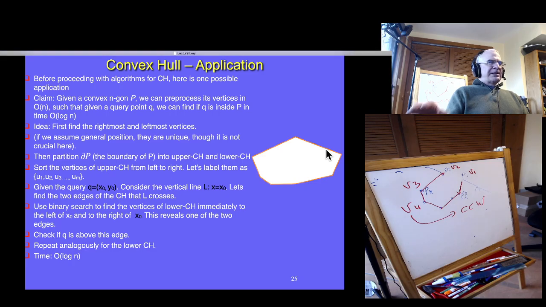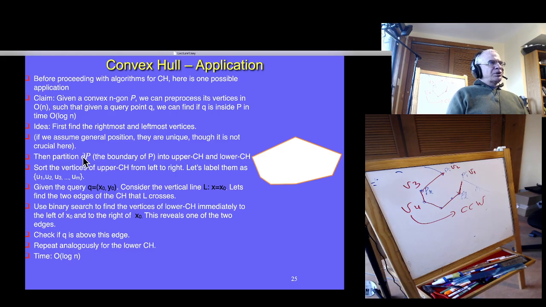So for my explanation now at a very high level, I will assume that the input is in general position, so the leftmost point is unique, the rightmost point is unique, and now I want to partition, and I wanted to introduce you to this notation, the boundary of P.